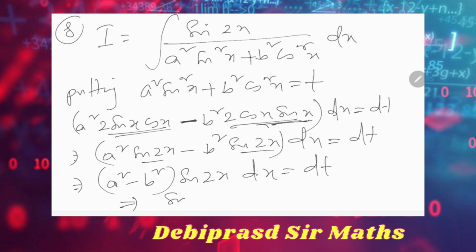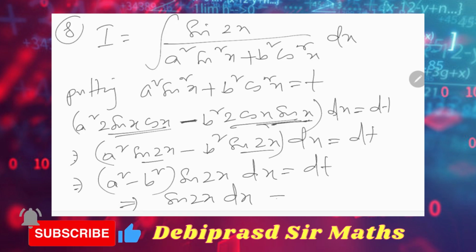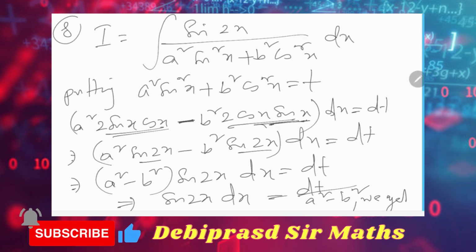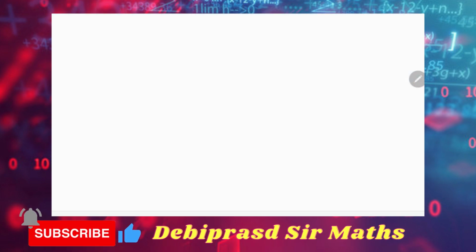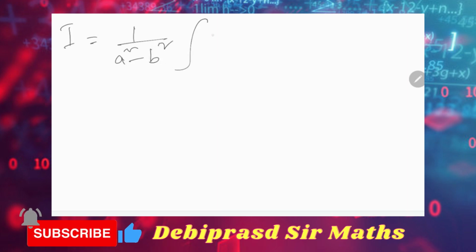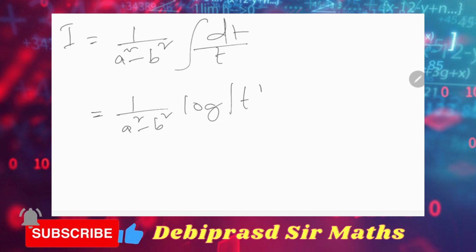So sine 2x dx is equal to dt by a square minus b square. After doing that, we get I is equal to 1 by a square minus b square dt by t. So 1 by a square minus b square log t plus c.